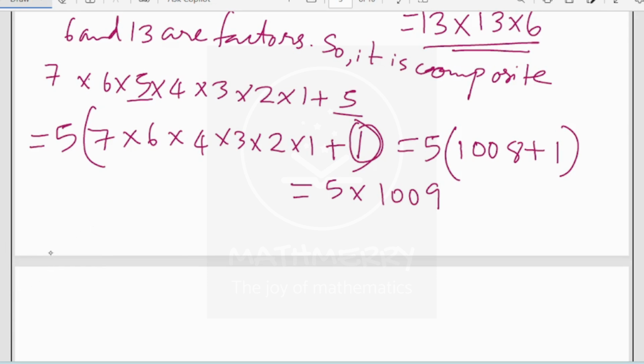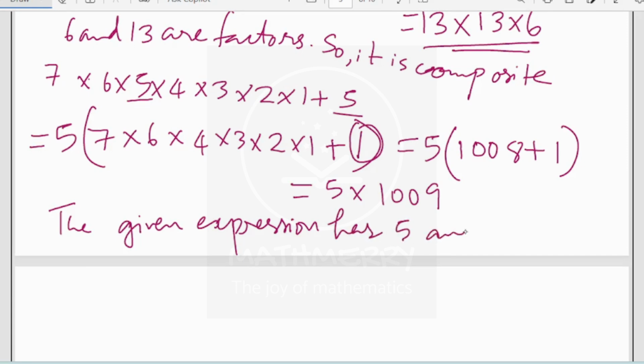So the given expression has 5 and 1009 as factors.